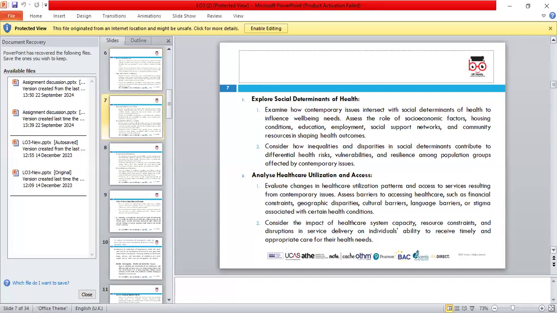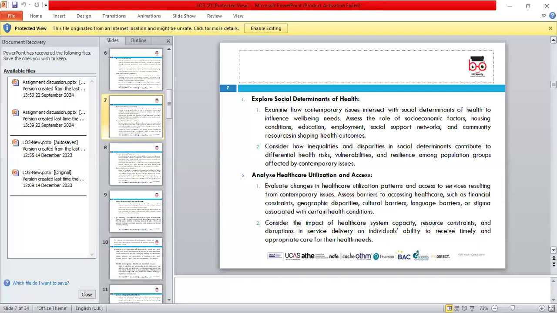Then exploring the social definition of health. Examining how contemporary issues intersect with social determinants of health to influence well-being. Assess the role of economic factors, housing conditions, education, employment, social support networks, and community conditions.